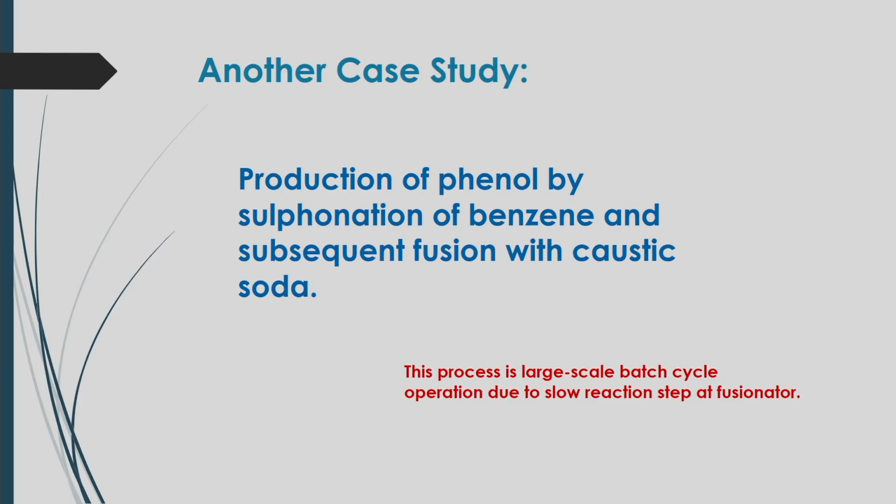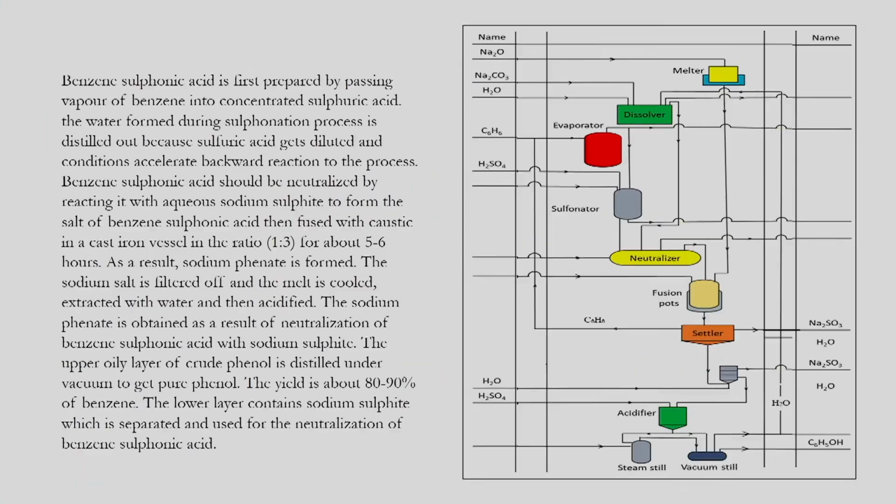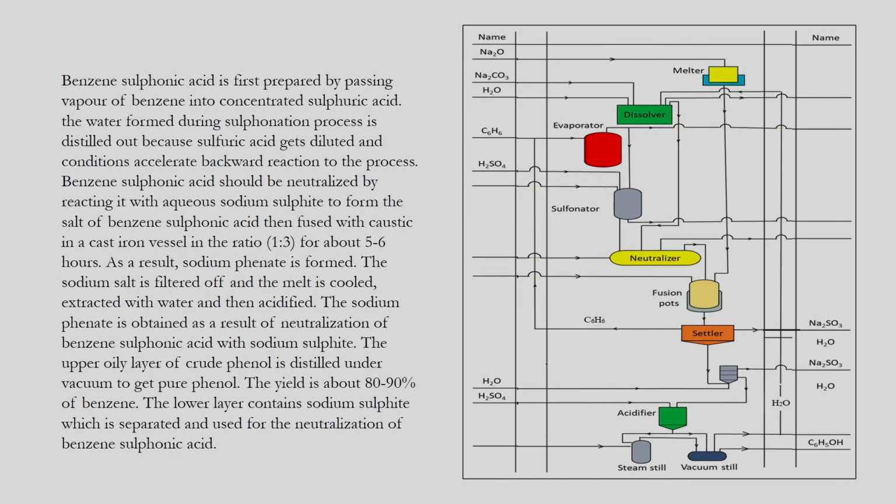This process is basically a large scale batch cycle operation due to the slow reaction step of fusion of this benzene sulfonic acid with caustic soda. So, based on this principle, we can have this process layout for the production of phenol.